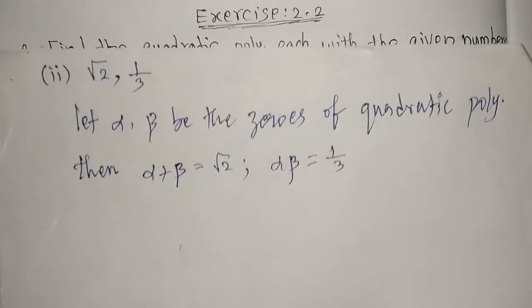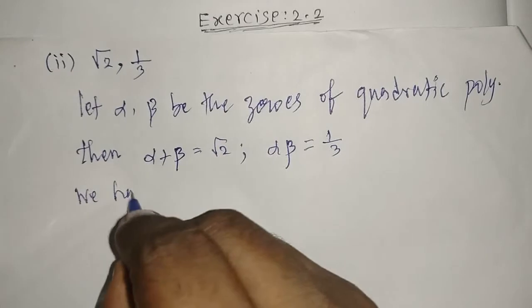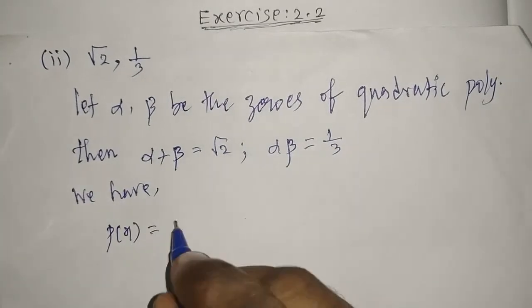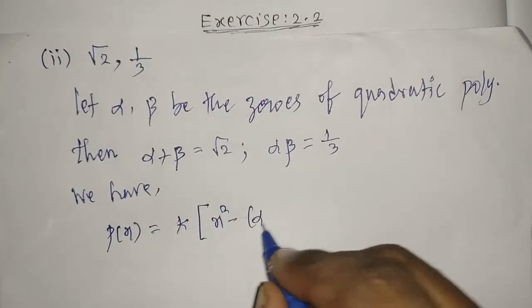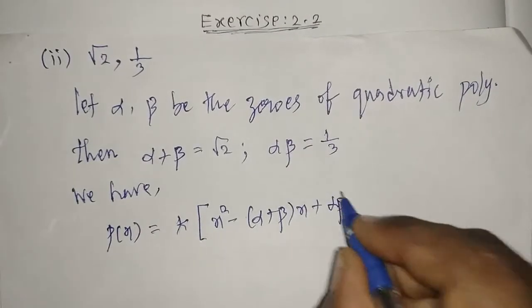What formula? The standard form of the quadratic polynomial. So we have the formula that p of x is equal to k into x square minus of alpha plus beta into x plus alpha into beta.